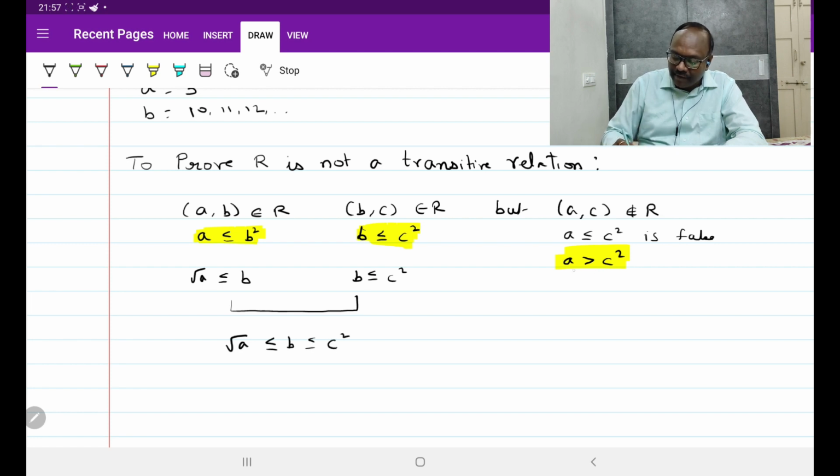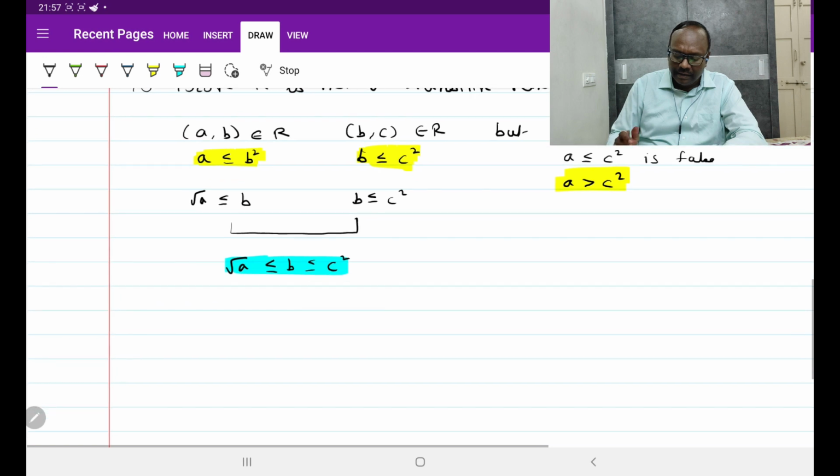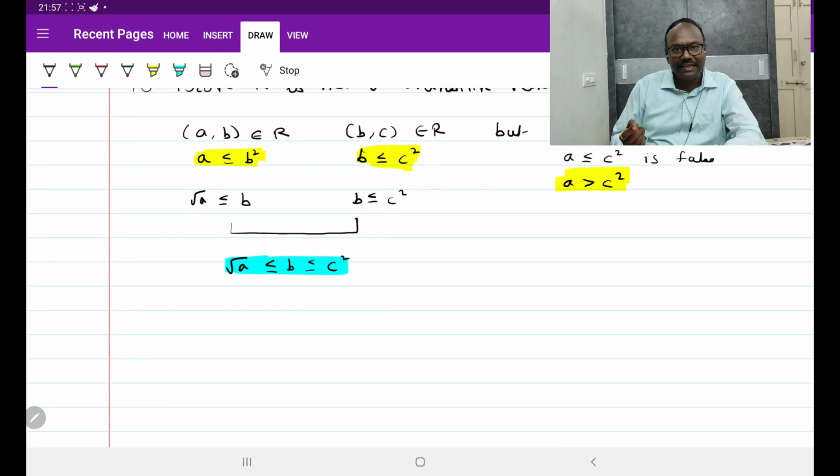And we have one more condition that a is greater than c square. So let's try to make use of these two conditions to find out the suitable examples. Let us not take c equal to 1, because 1 square will be 1, so we will not get a bigger value. So let's try to take a bigger value, say c equal to 2 or 3.